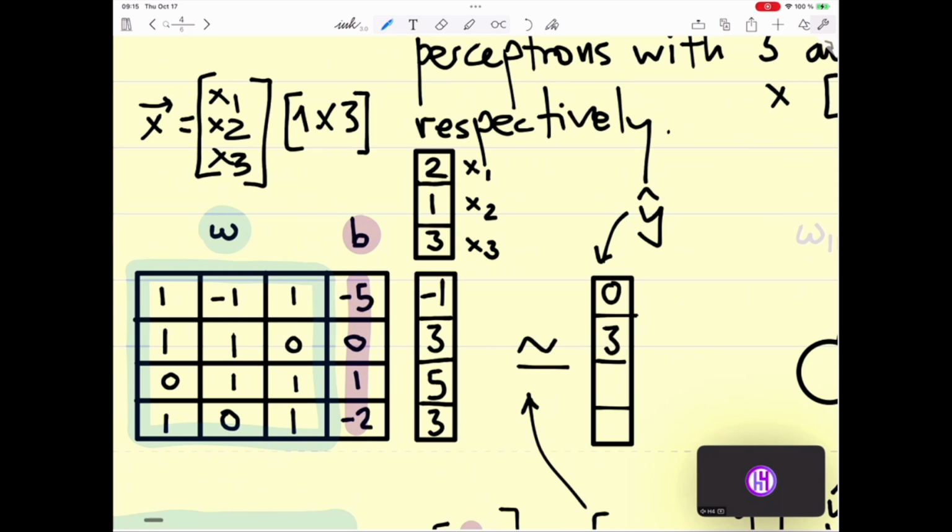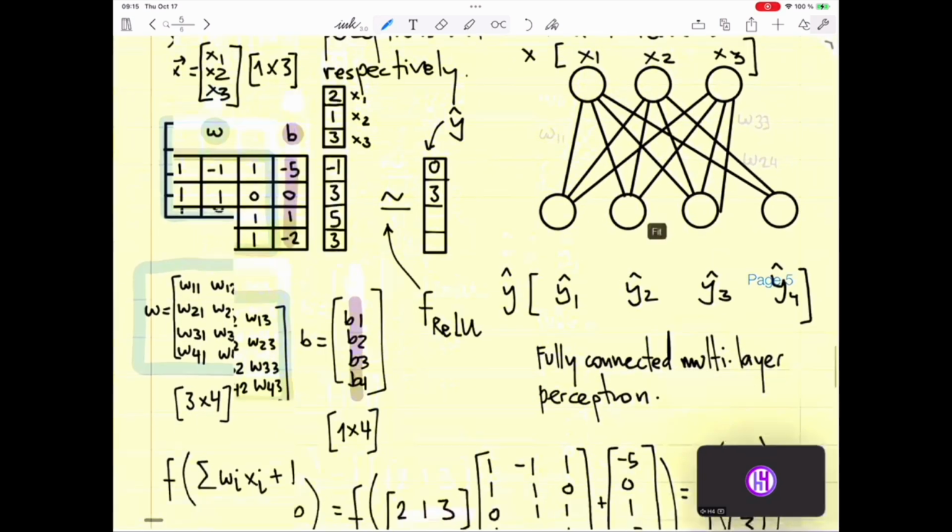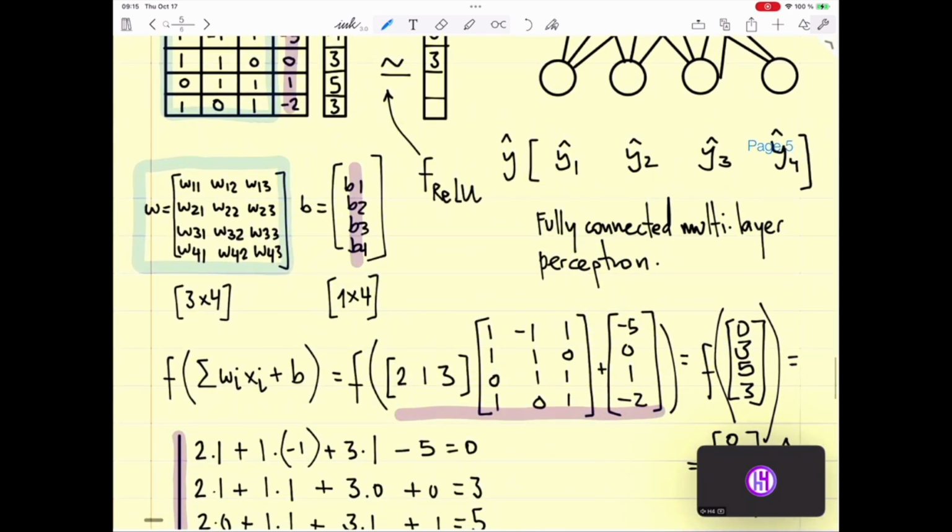Okay? Wait, I think I made a mistake here. 2 minus 1 is, yeah, it's -1. So this is -1.